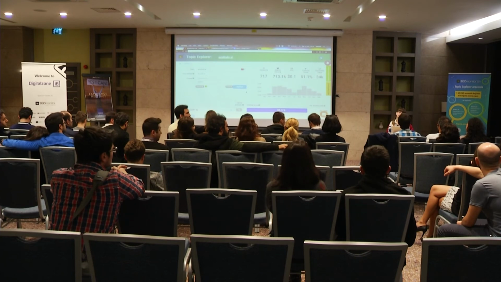Can I ask? Yes, please. I tried the Topic Explorer yesterday, and I wonder, when you haven't entered any website and search for a topic, it chooses a website. It chooses the most relevant competitor, like we have here. It would choose the most visible site on that topic.